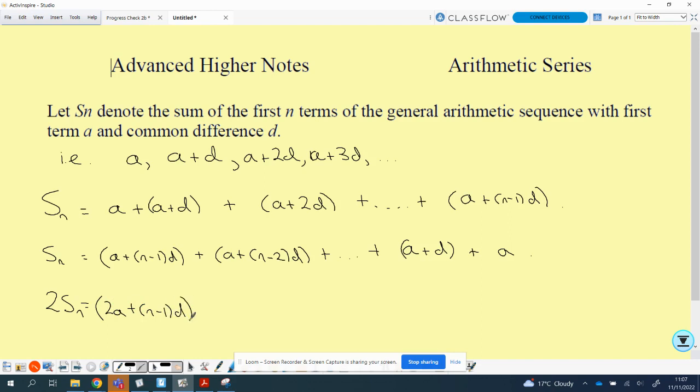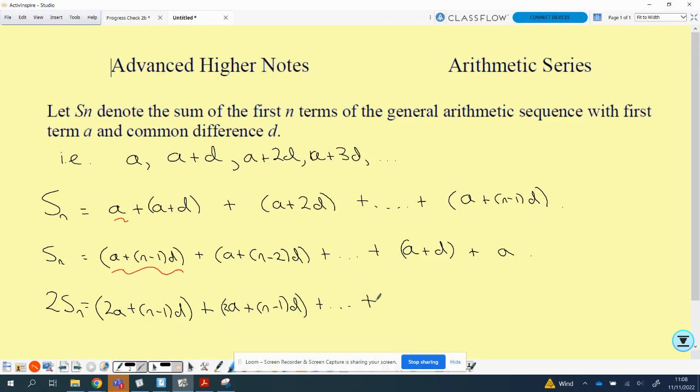I'm just adding these two terms together to get my first term. If I do that with the second one, I'm adding a plus d onto the other end, so that would be 2a plus (n minus 1) lots of d. So I get that there as well, and so on and so forth.